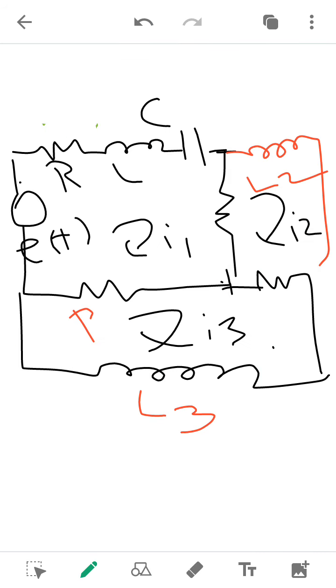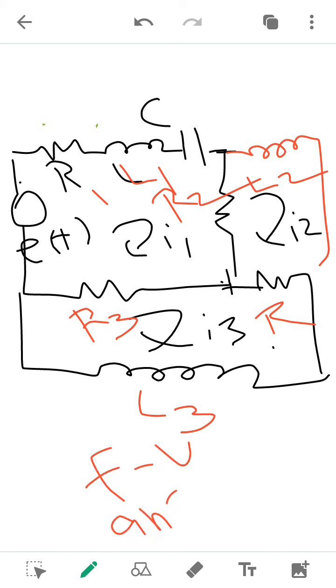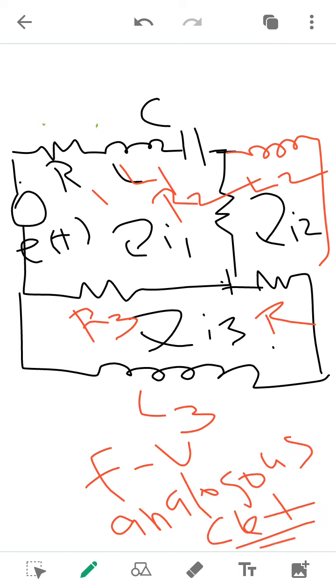This is my R3, this is my R, this is my R. This is actually R1, and this is L1. So this is my force-voltage analogous circuit for the given linear mechanical system.